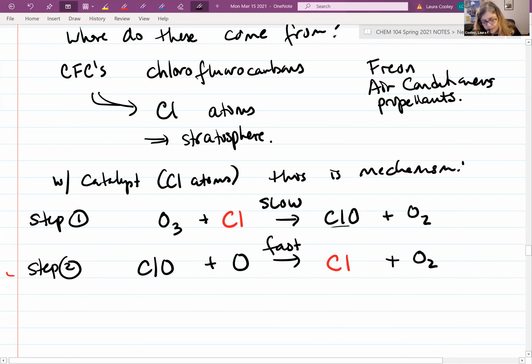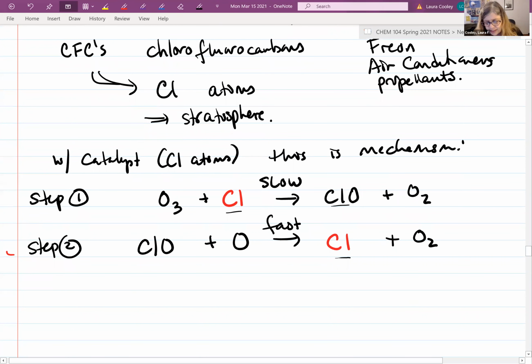So you'll notice that Cl is used up and then it's regenerated. That is typical for a catalyst. So that means if you've got a lot of Cl atoms in the stratosphere, it doesn't just catalyze one of these reactions. It's not used up. It can catalyze the next one and the next one and the next one.